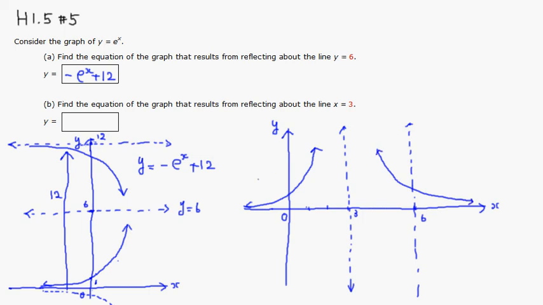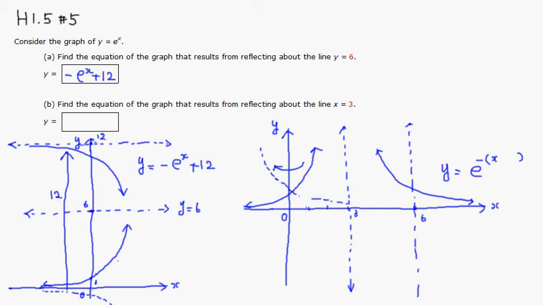So it looks like we're going to have to apply the reflection about the y-axis. So this is going to be y equals e to the negative x, right? Then we have to shift. Once you do the reflection, you have a graph which looks like this.